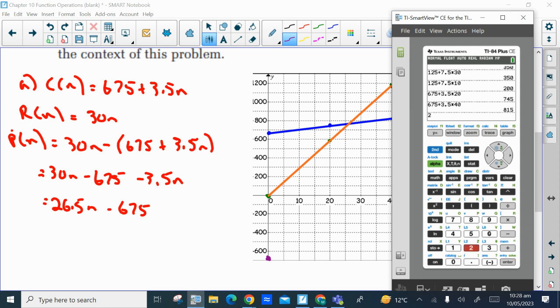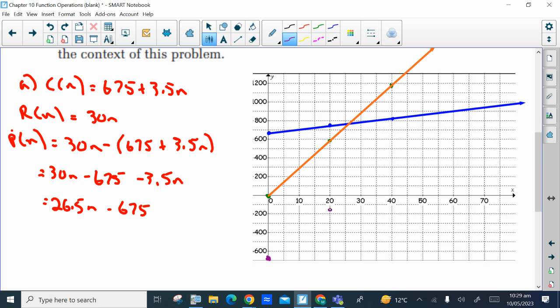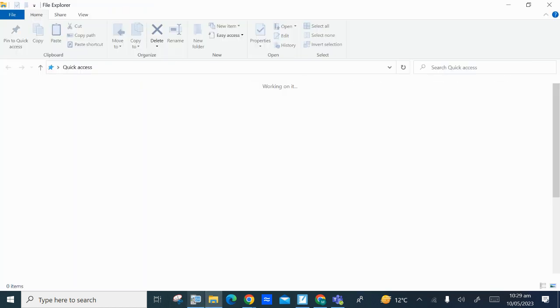The first one I'll do is n is 20. So 26.5 times 20 minus 675, that's negative 145. 20 comma negative 145. Approximately right there.